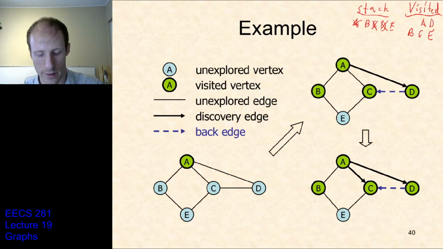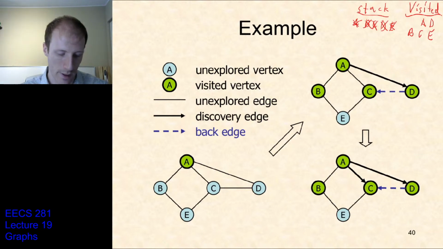Then we will go back to the top of the loop, pop E off of the stack. E has children B and C, but they're already visited, so there's nothing else to do here. And so finally, we will pop B out of the stack. And we're done, because the stack is empty.